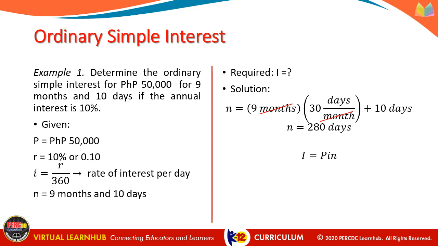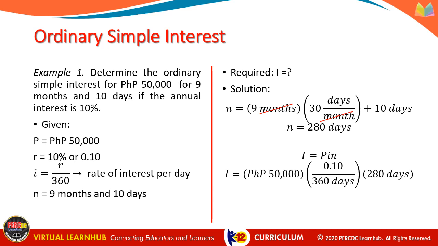Let's just substitute the givens. I = 50,000 pesos times 0.10 divided by 360 days times 280 days. So we can see that the unit days can be cancelled, and that will give us an answer of 3,888.89 pesos. Our answer for example number 1 is 3,888.89 pesos. Okay?